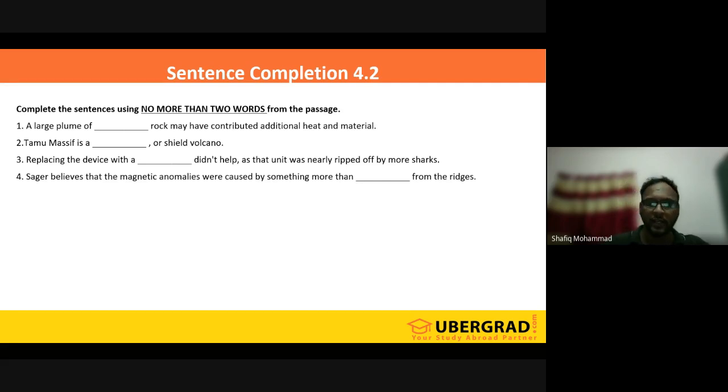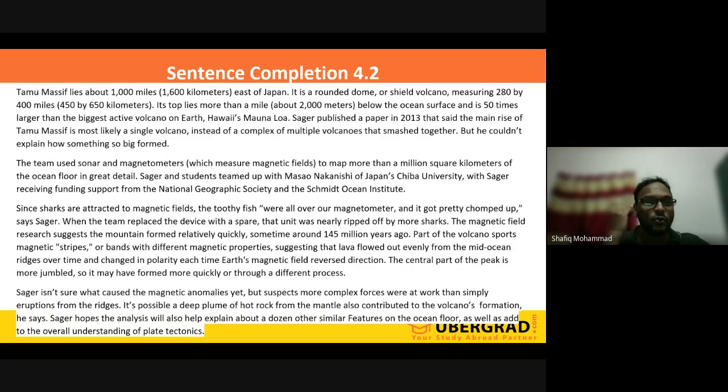One thing you need to understand here is you cannot change the grammar of that word or add any -eds. If it is given as simply, you need to write simply only. So simply eruptions is the right answer for the last one.